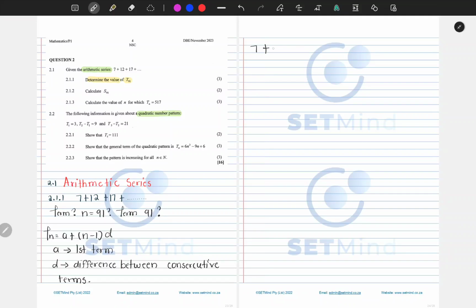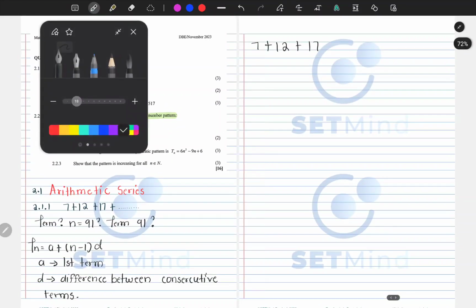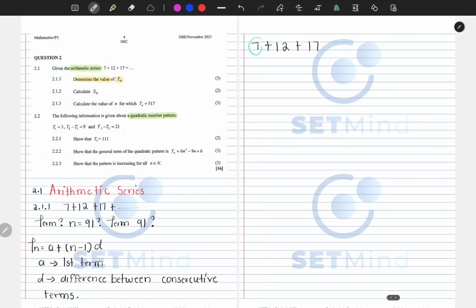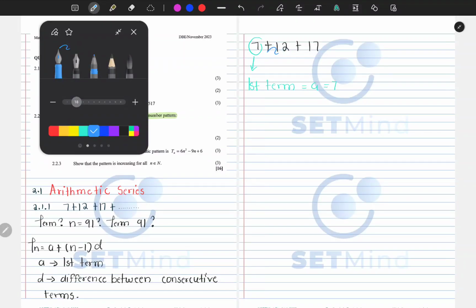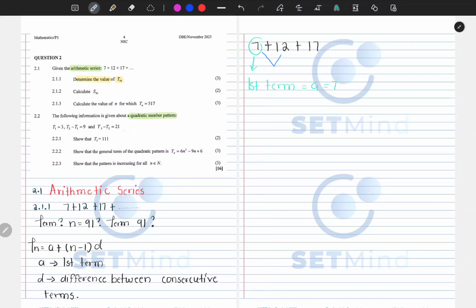If you look carefully, we have 7 plus 12 plus 17. What always comes here is our first term, which is always equal to a. So our a is 7. Then remember that d is always the difference between two consecutive terms.